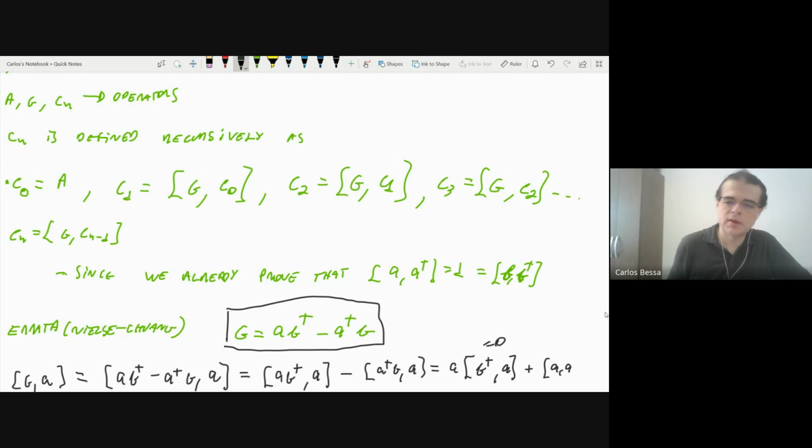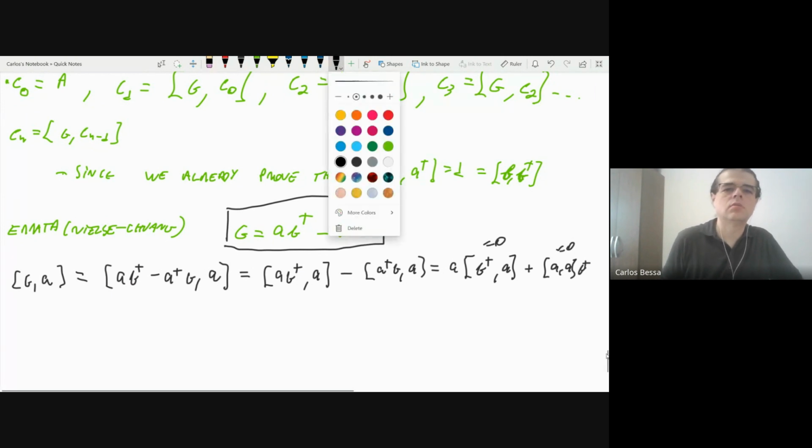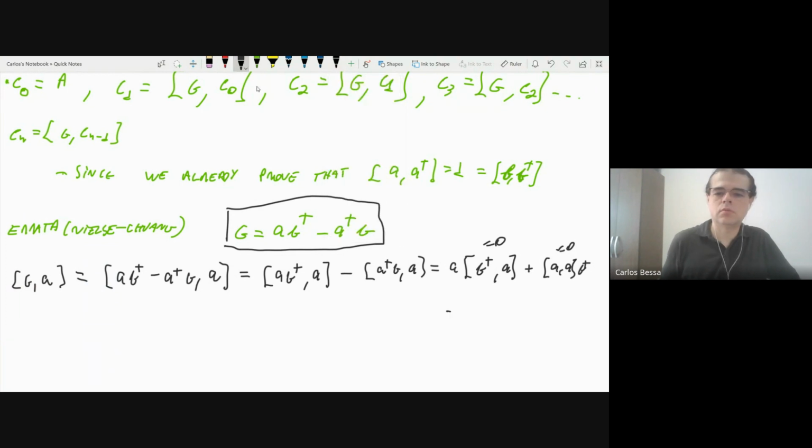Plus A, B dagger, which is 0 because A commutes with A. Plus the other term, minus in this case, this first A dagger A minus A dagger A B. And A dagger A is minus 1.